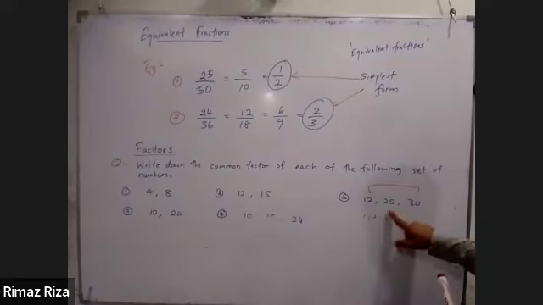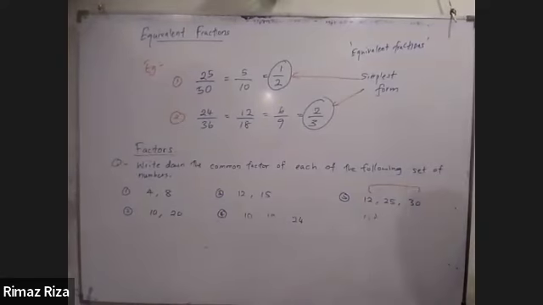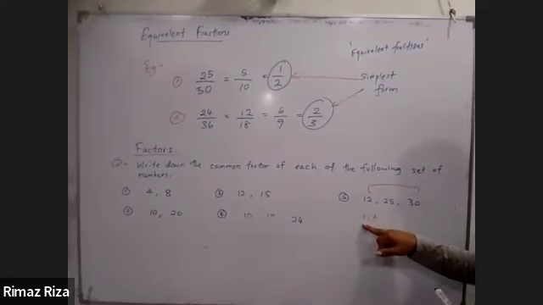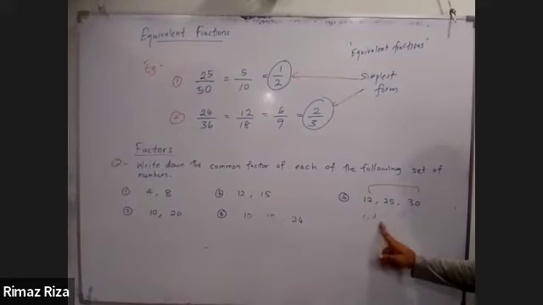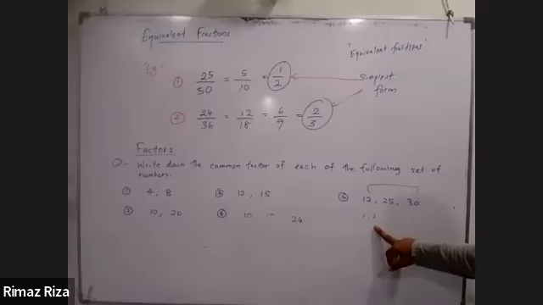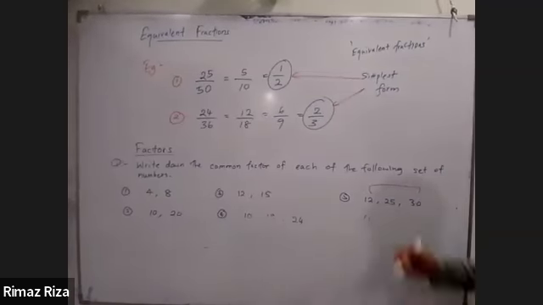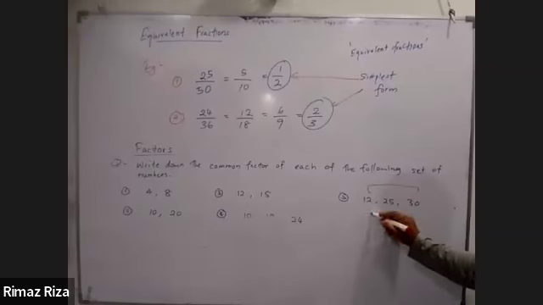Okay, so here the only possible factors are 1 and 2. 1 is a trivial factor, so it will be in the answer. So the factor is 2. Not 2 also, because 25 is not a multiple of 2. So the only common factor is 1.